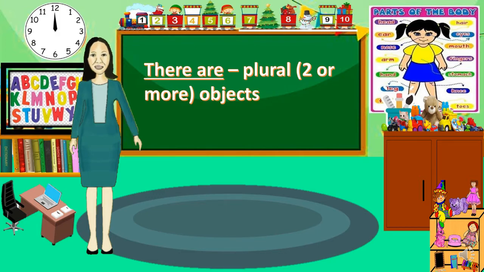There are is plural, okay? Plural means two or more objects, like 1, 2, 3, 4, 5, 6, 7, 8, 9, 10 or more objects you're using, or you can see. You have to use this answer, there are.